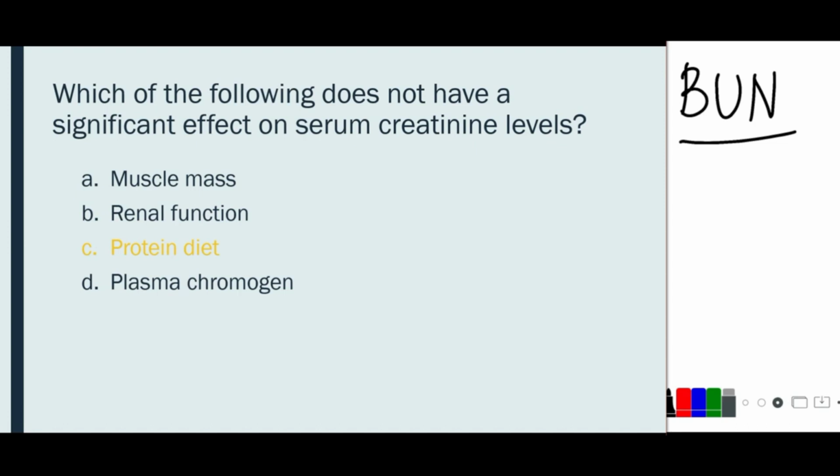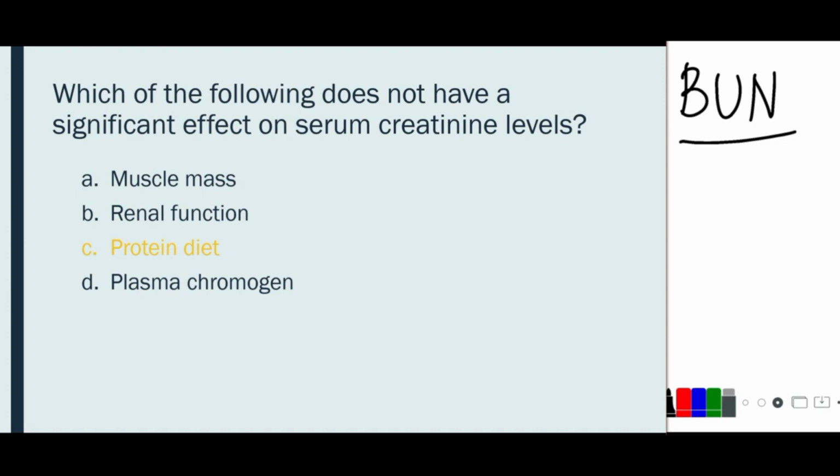So, if the patient has increased protein diet, this would mean that there would also be increased protein metabolism in the body, and increased metabolism would also mean an increased production of its corresponding waste product, which is your BUN. On the other hand, your creatinine will not be affected by the protein diet, since creatinine here comes from the breakdown of creatine phosphate in the muscles.